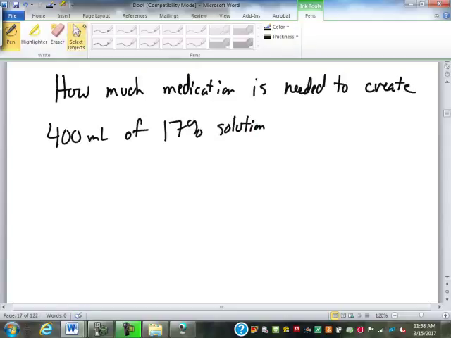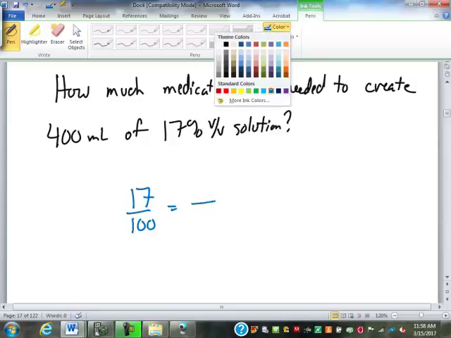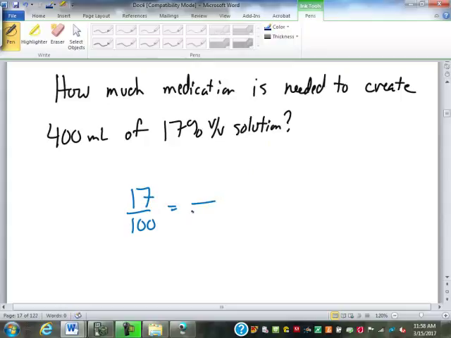And I should specify 17% volume in volume solution. So 17% is 17 out of 100. The 400 milliliters is the total volume, so it'll go on the bottom. Remember, 100 always represents the total or the beginning amount.